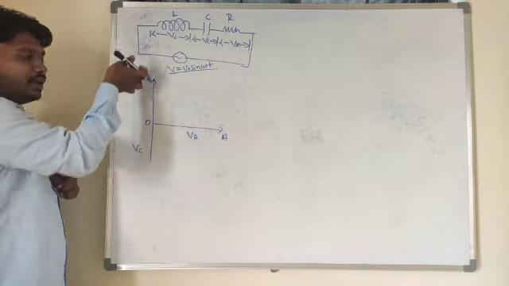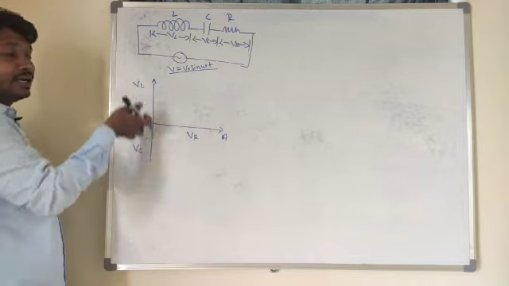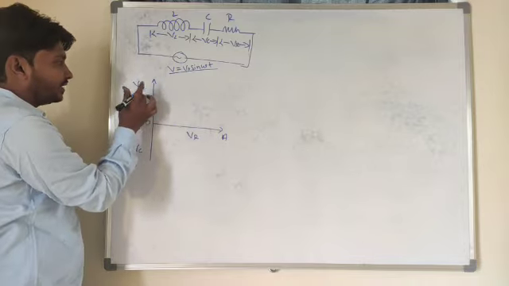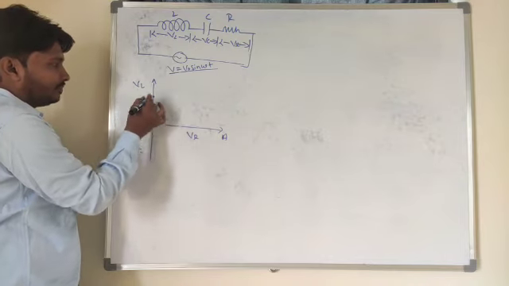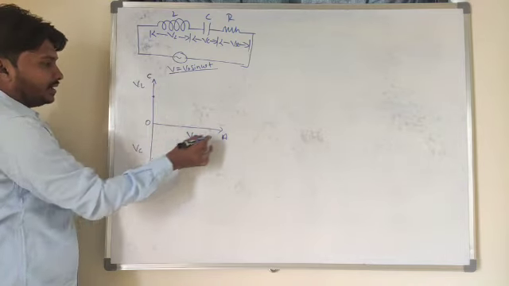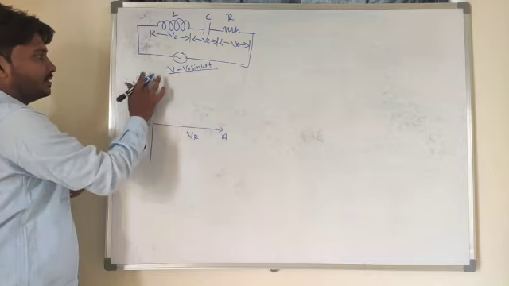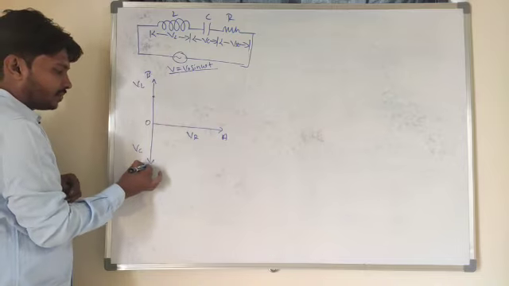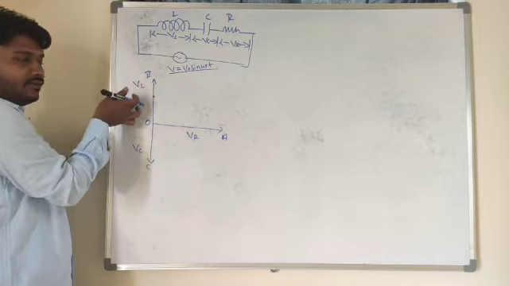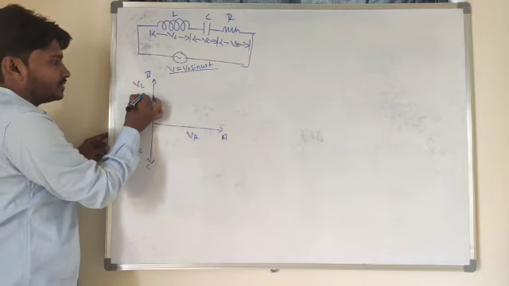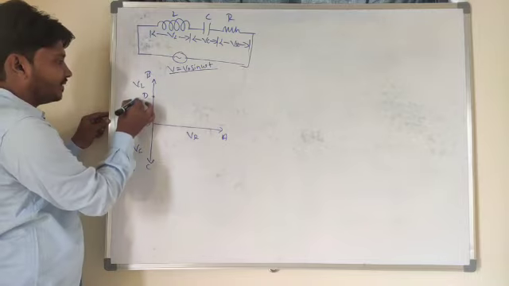These two are equal in magnitude but opposite in direction. So I can take the resultant between V of L and V of C. For example, this is point A, this is point B, and this one is point C. The resultant between O to V of L and O to V of C is O to D I can consider.